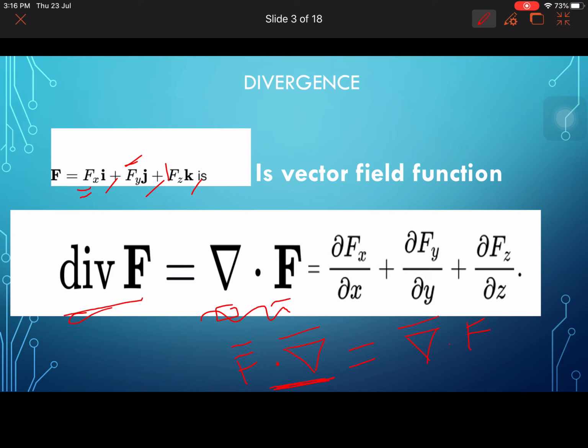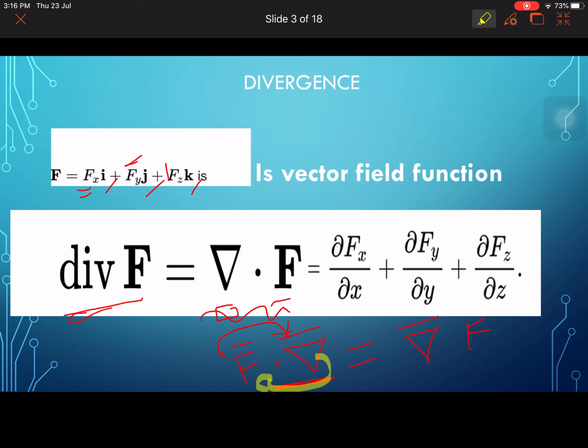Generally, the vector function is not operating on the operator; it is the operator operating on a particular function.